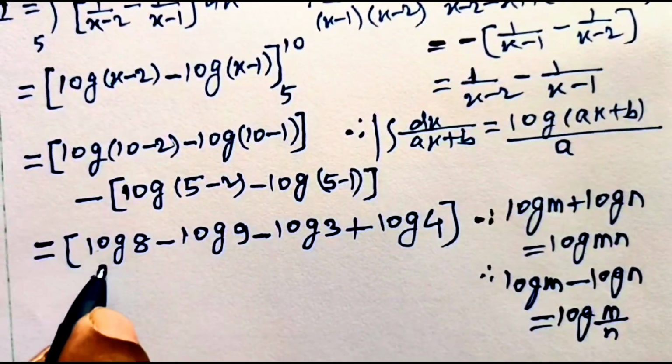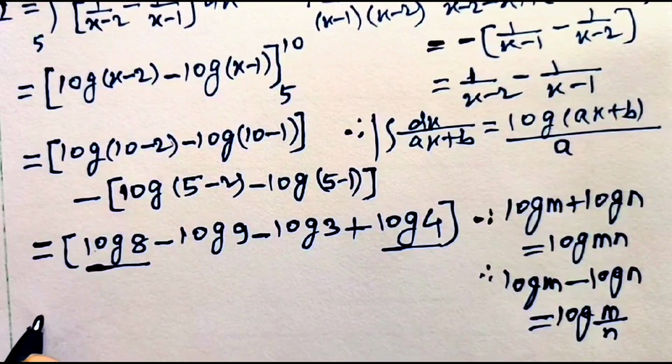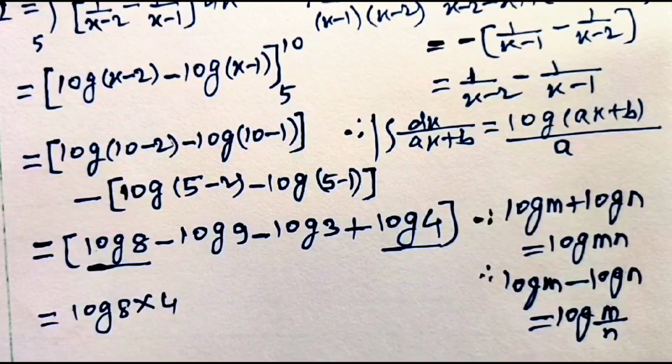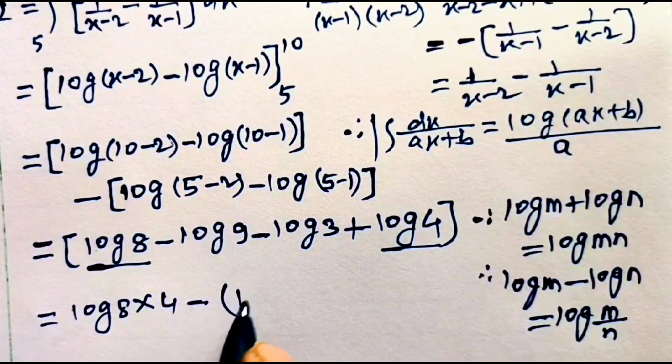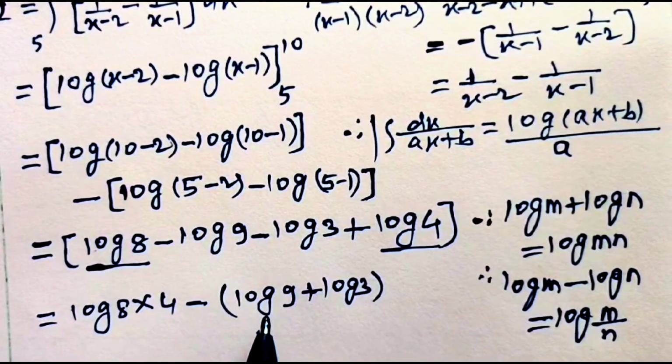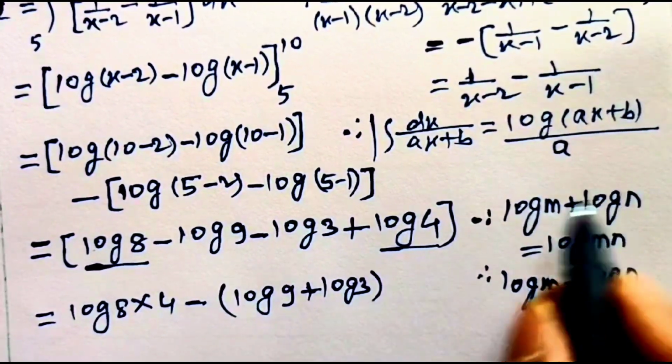So you can apply these. You can take logarithm of 8 into 4 minus logarithm of 9 plus logarithm of 3, applying this property.